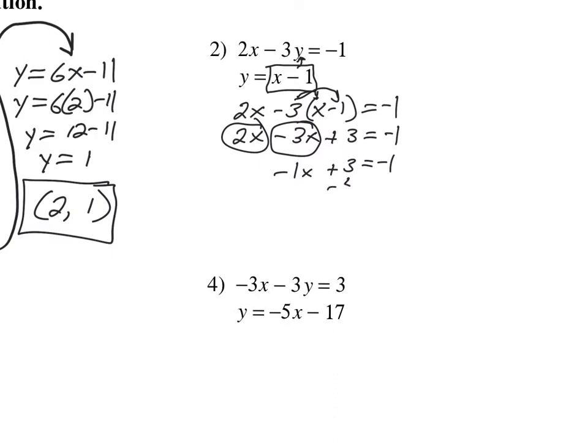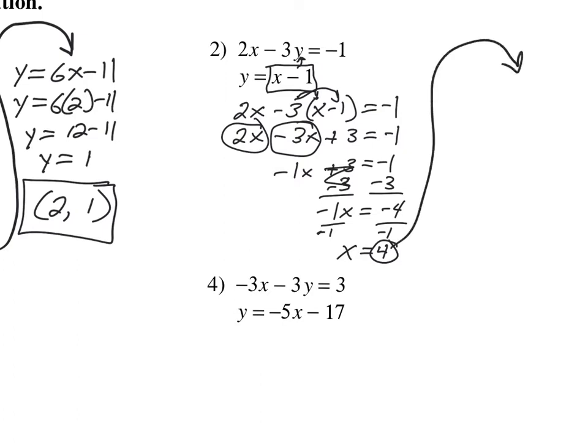Take away 3 from both sides to get x all by itself. Those two zero out. Negative 1x is equal to negative 4. And then I divide by negative 1, which changes the sign. So x equals 4. Take that number, bring it up, and substitute it back into one of the two equations.